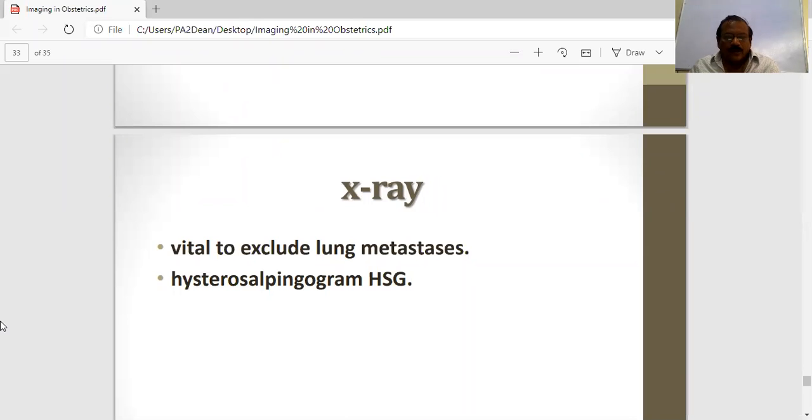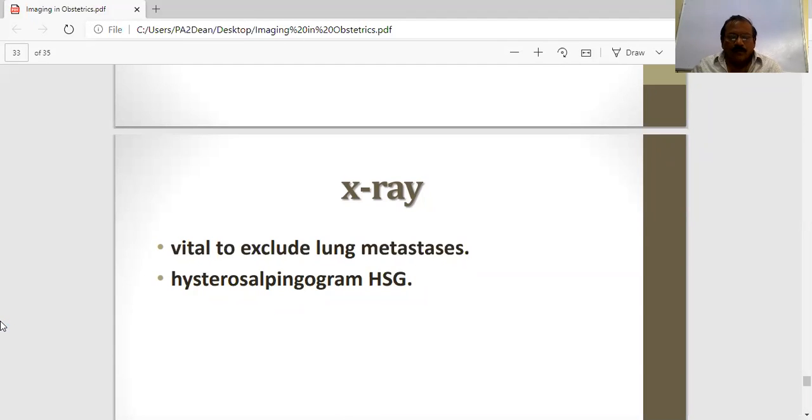To diagnose whether it is intrauterine or extrauterine, we have to keep a uterine sound, and when the IUCD is in contact with the uterine sound, we can diagnose that the IUCD is displaced and retained in the uterus. When it is away from the sound, we can diagnose that it has perforated the uterus and gone into the peritoneum.